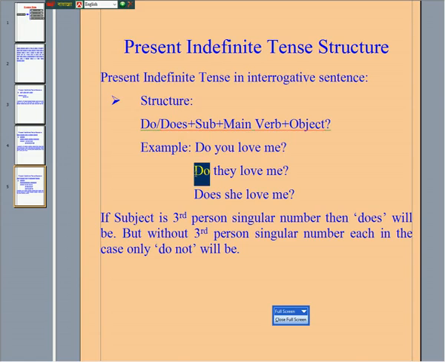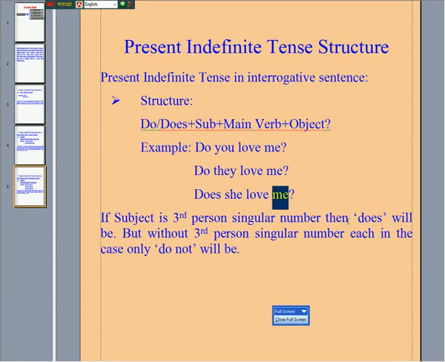Do they love me? Here do is auxiliary verb, they is subject, love is main verb, and me is object and question mark. Does she love me? Does is auxiliary verb, she is subject, love is main verb, me is object and question mark.